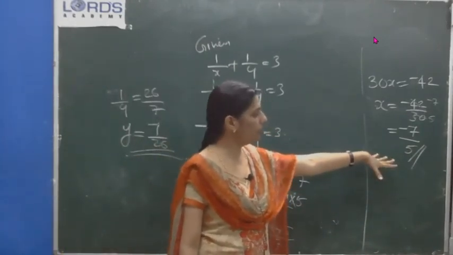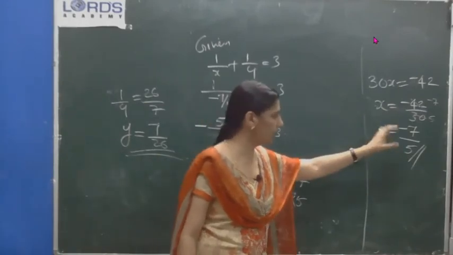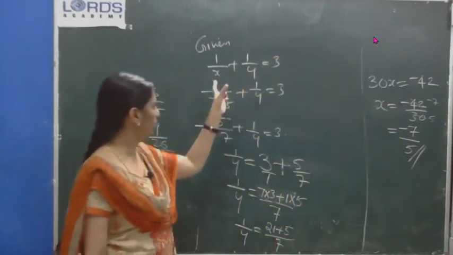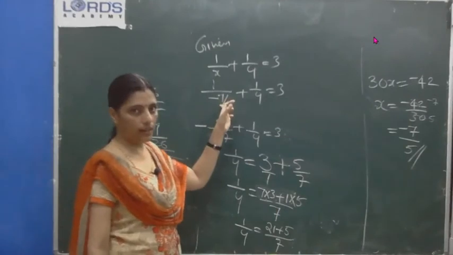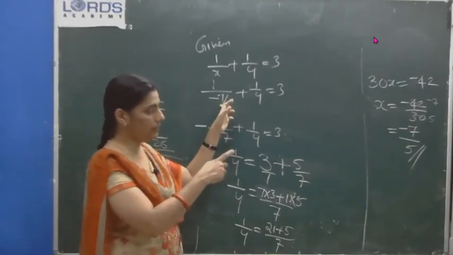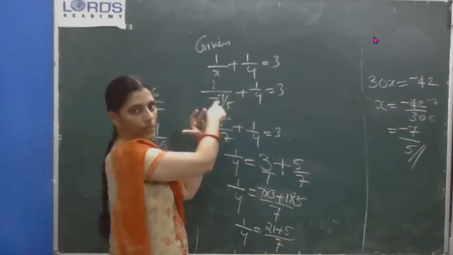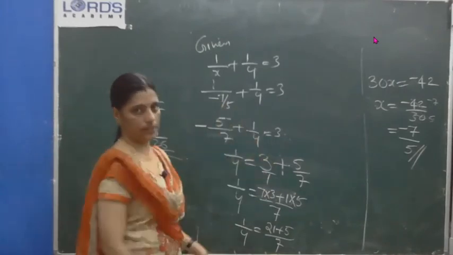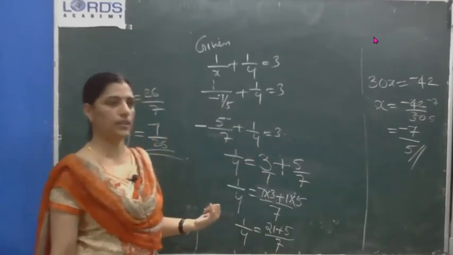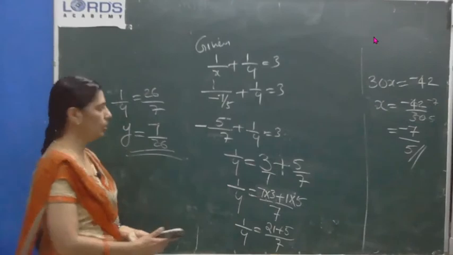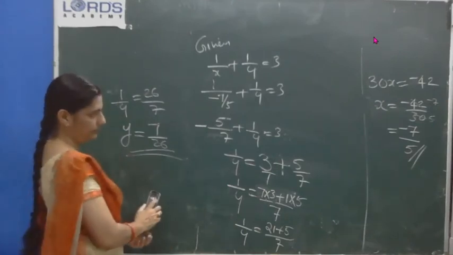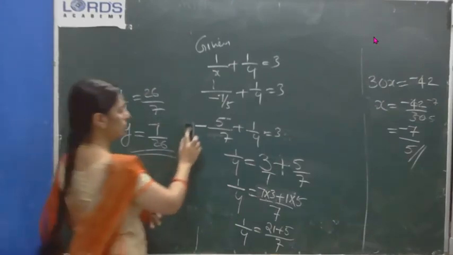But why am I not doing that? Because that's not the last answer. After getting this x, I have to bring it here and do again. So if it is in the mixed form, again we have to make it improper here. So I kept it as such. Only if the last answer is improper, then we will make it into mixed. Okay, so I am going to rub this question.